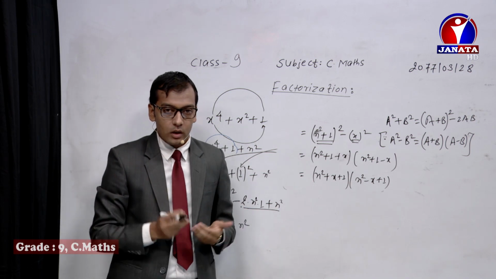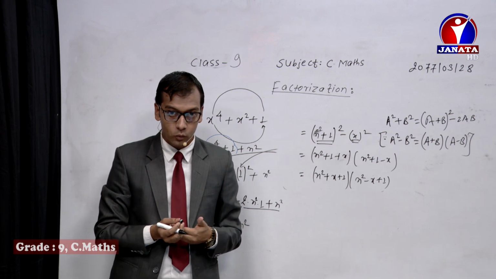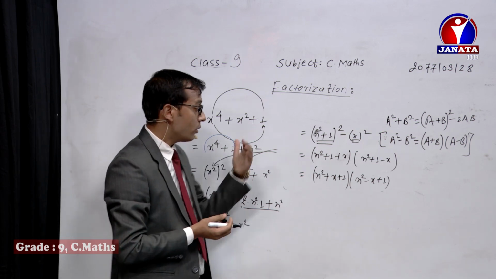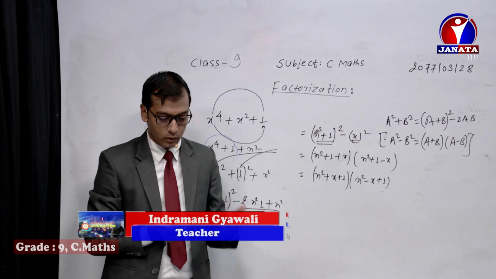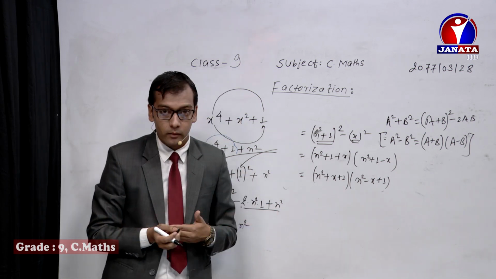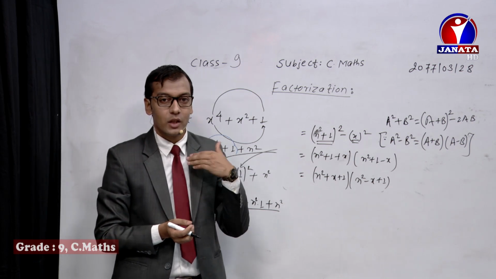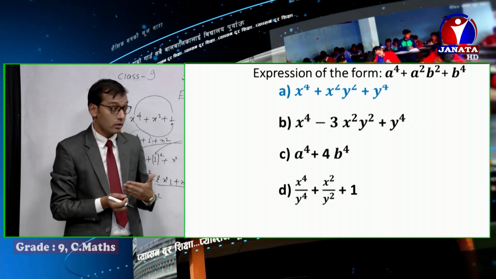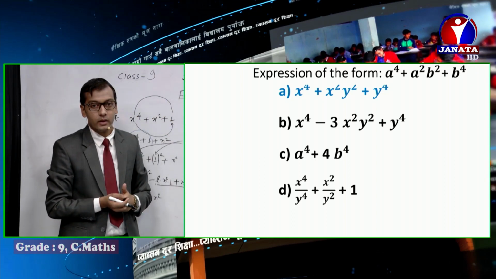So we discussed two similar factorizations in the form of a to the power 4 plus a square b square plus b to the power 4. In both cases, we first used the formula of a square plus b square, with its expanded form a plus b whole square minus twice of ab.